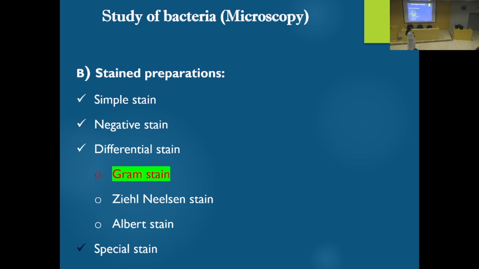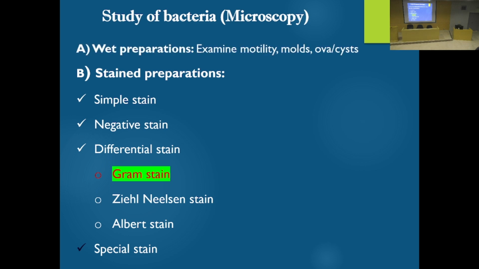So how do we study these bacteria? There are different types of stains used to study bacteria. These stains are categorized as simple stain, negative stain, differential stain and special stain. And there is something called wet preparation. Wet preparation means we don't use any stains. We take the bacteria, put some saline and see under the microscope.